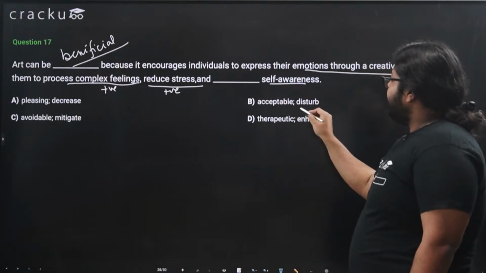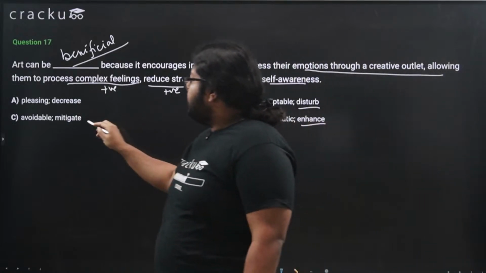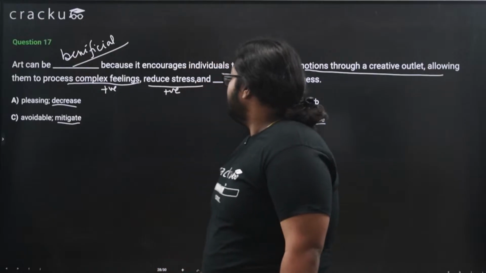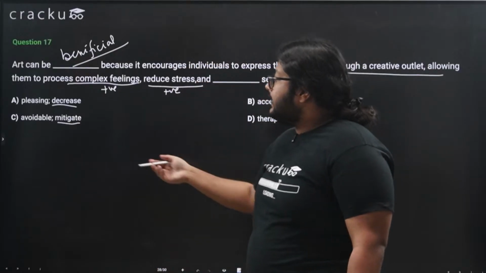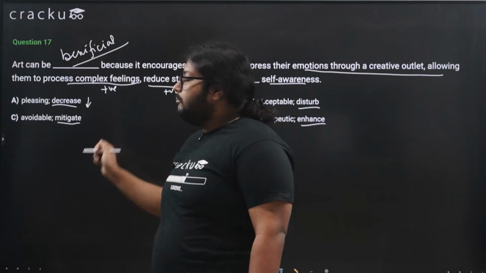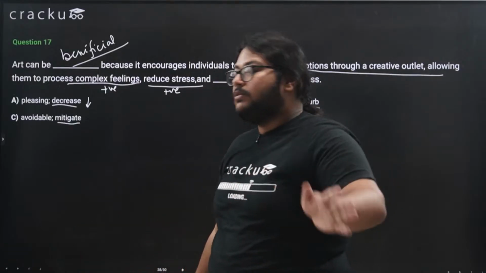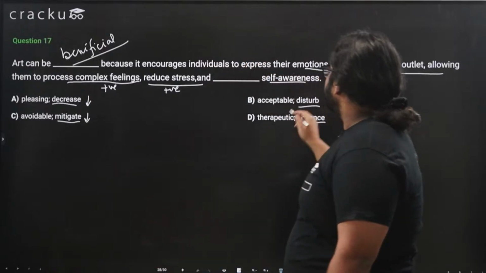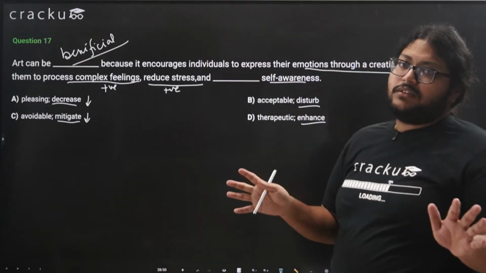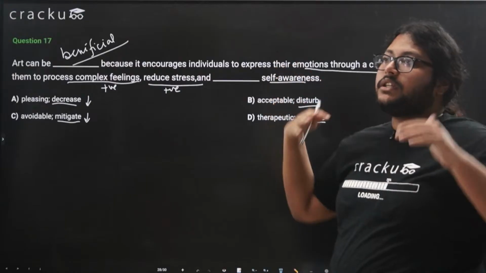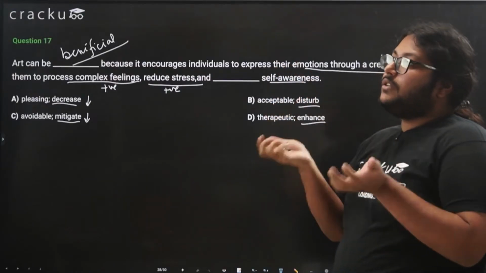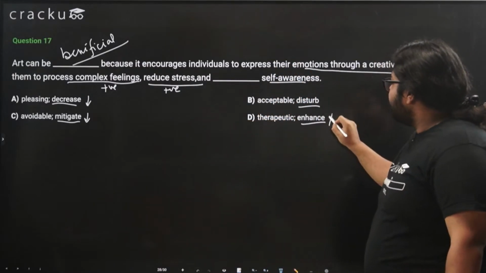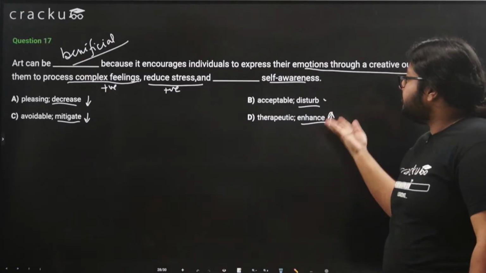Now, self-awareness. For the second blank, we have disturb, enhance, mitigate, and decrease. Decrease means to reduce, right? Mitigate also means to reduce or remove. This also means reduce, negative. Disturb doesn't mean to reduce, but it is not building up. Enhance, on the other hand, means to build up.